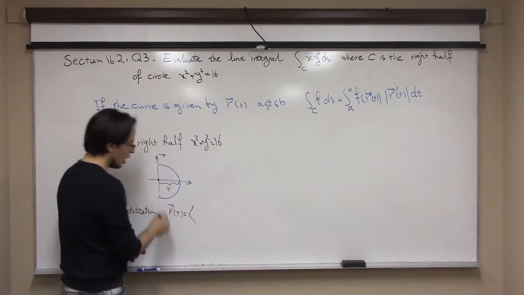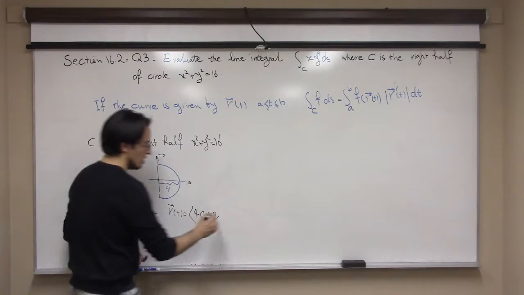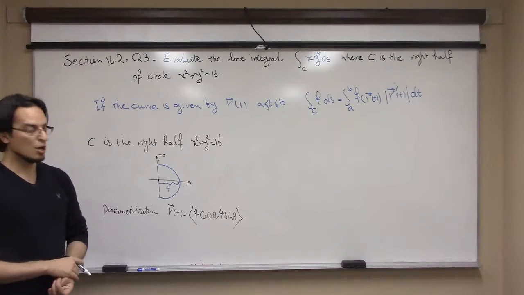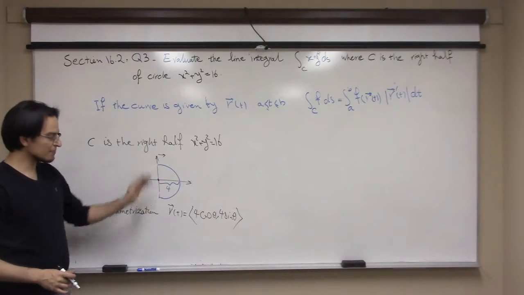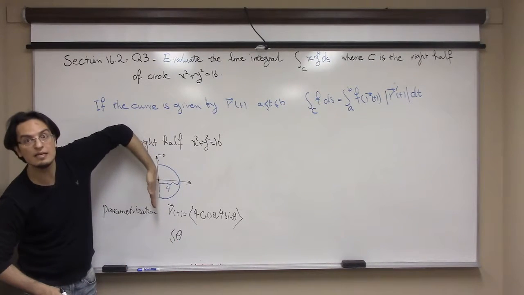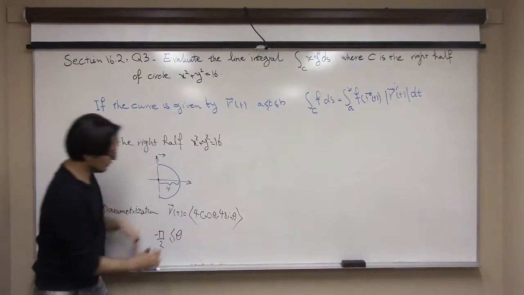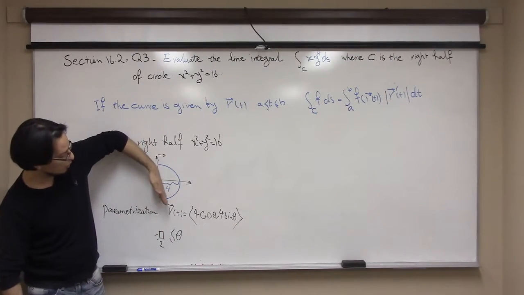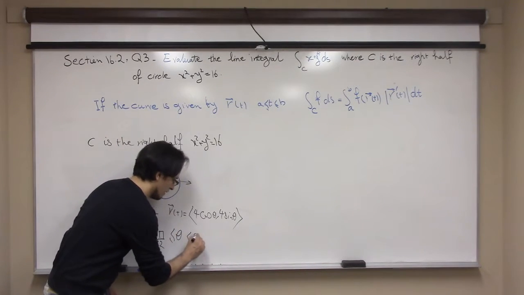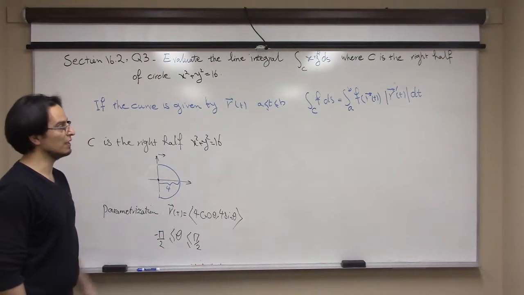In this case, r is equal to 4, r cosine theta for x, r sine theta for y. But to get the right half circle, the angle, you look here, it is negative pi over 2. It starts from negative pi over 2, goes up to 0, up to pi over 2. So now I have my parameterization and boundaries for my variable.